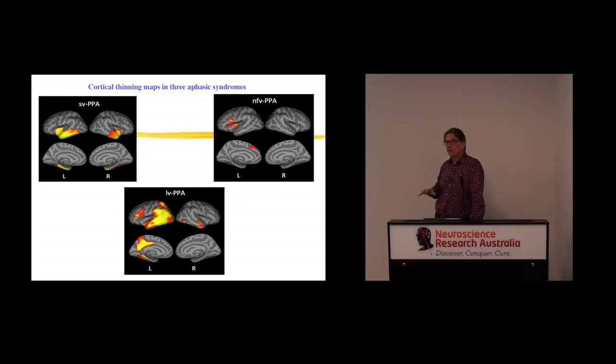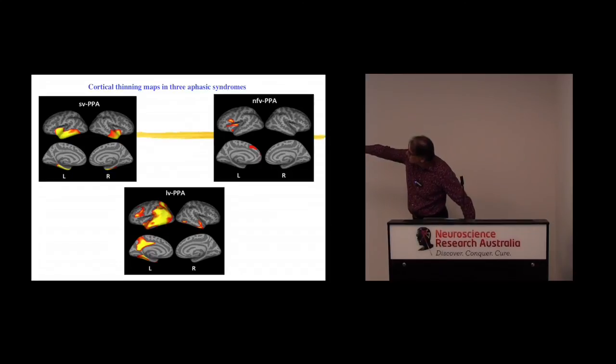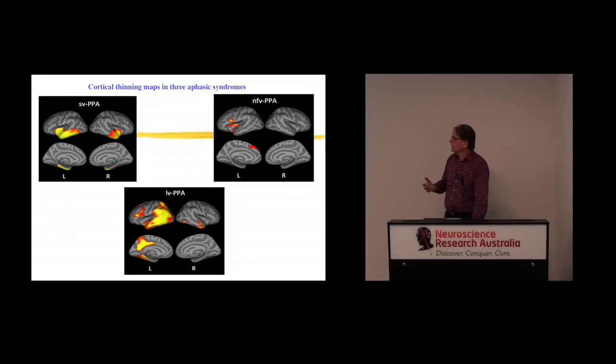So the three syndromes of language disturbance: the semantic dementia, shown in the upper left panel, involves very much the anterior temporal lobes. The non-fluent patients who have disturbances of grammar and speech production have shrinkage. These maps show thinning of the cortex.